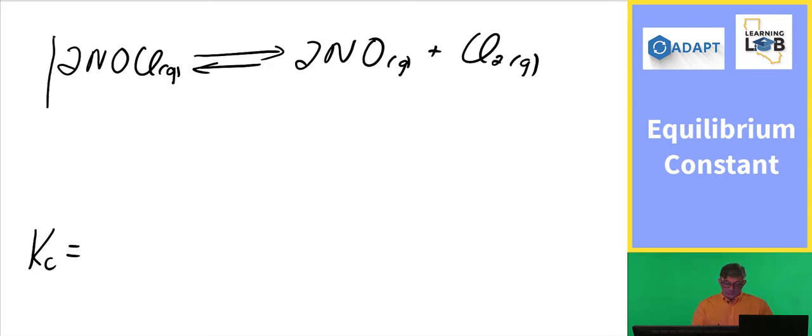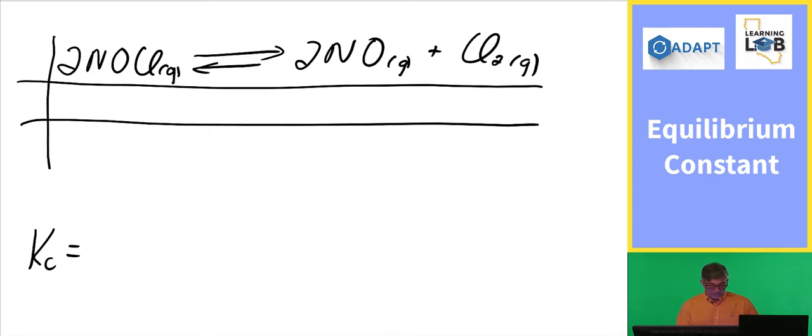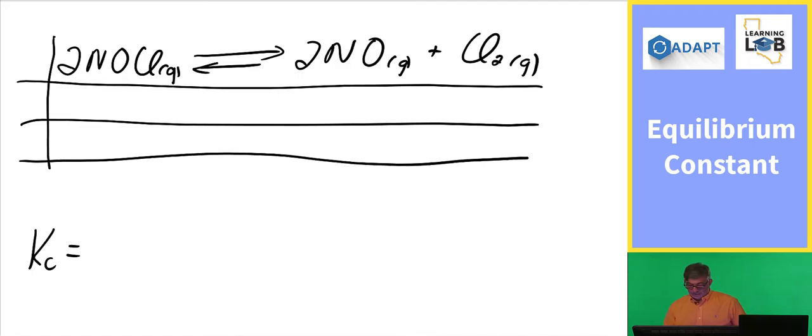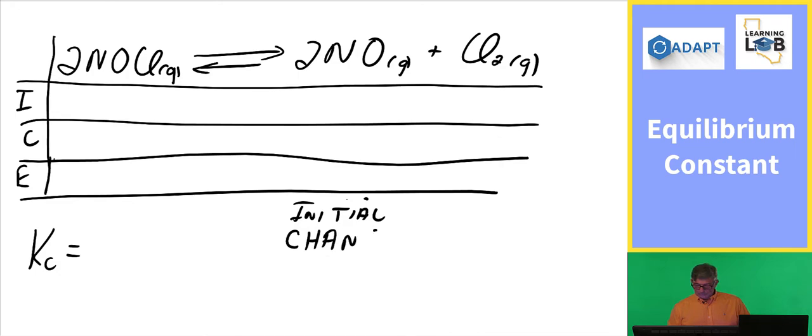The way we're going to determine this is through what is known as an ICE diagram. And those acronyms, the I stands for initial, C stands for change, and the E stands for at equilibrium.